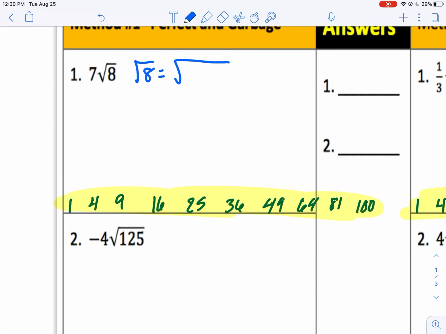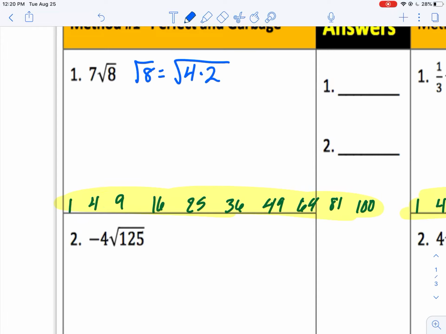So I'm always going to start at my biggest numbers. And of course, none of these are going to fit into 8. 16 does not go into 8. Neither does 9, but 4 does. So I can rewrite 8 as 4 times 2.